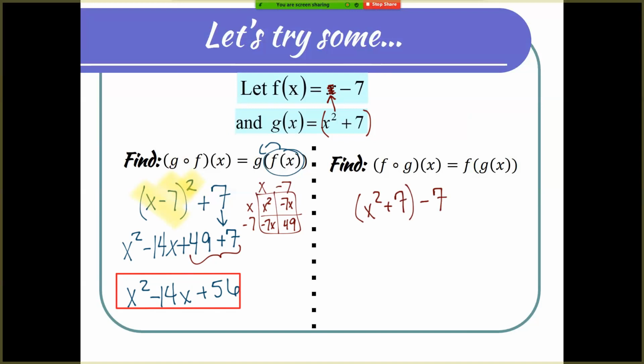So for this one, you should have had x squared plus 7 minus 7. Well, your plus 7 and your minus 7 are going to cancel with each other, leaving you with just x squared as your final answer.